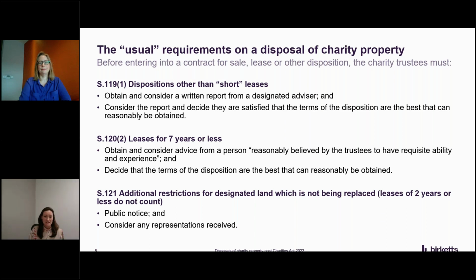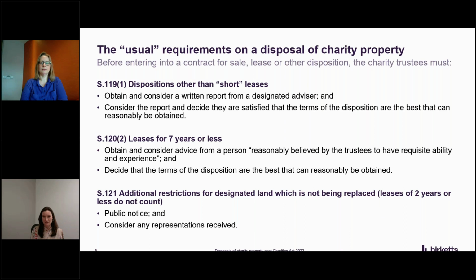So it's set up in different categories depending on what your transaction is going to be. So dispositions other than short leases are covered by section 119. So this would be sales, long leases over 7 years. It specifies that you need to obtain advice from a designated advisor. It used to be a qualified surveyor, but now with the new regime, they refer to a designated advisor.